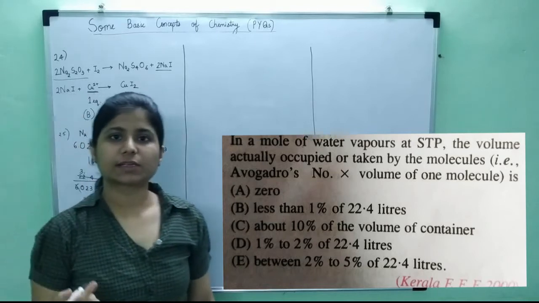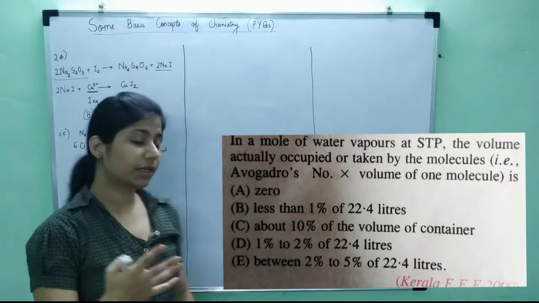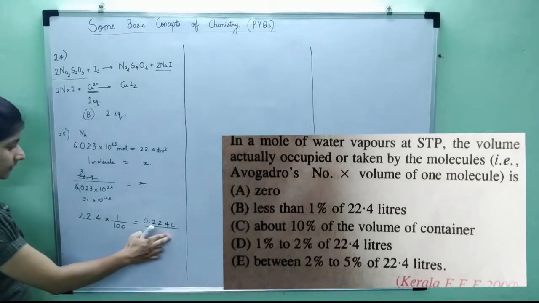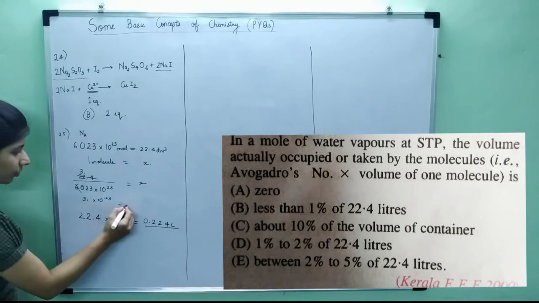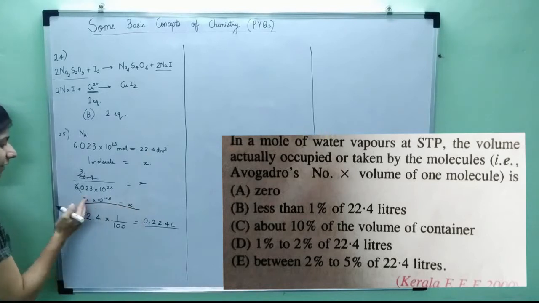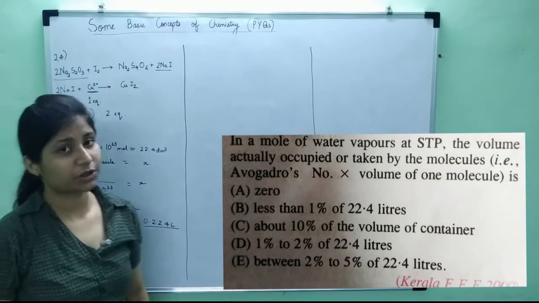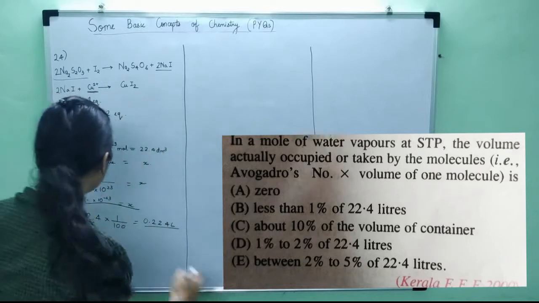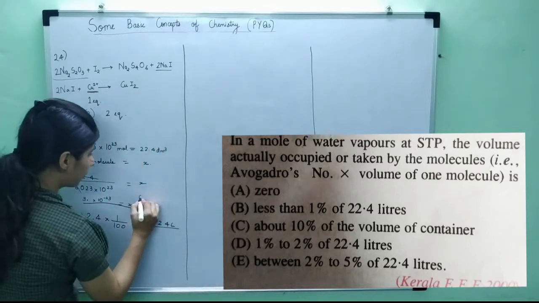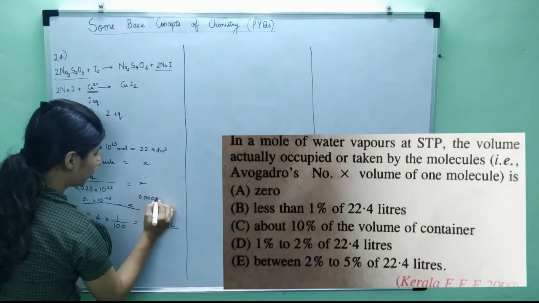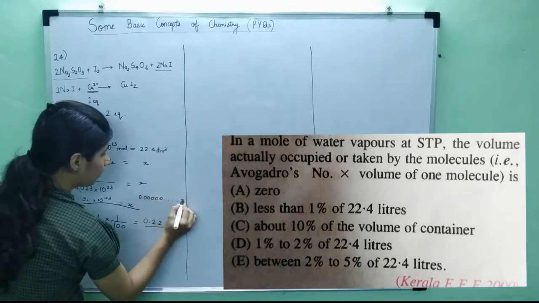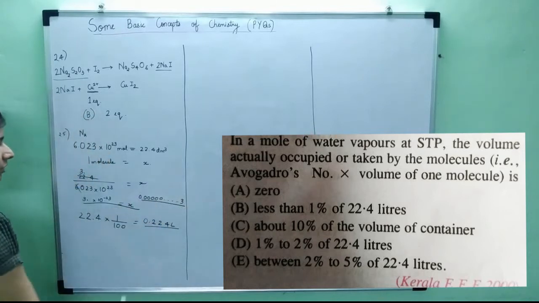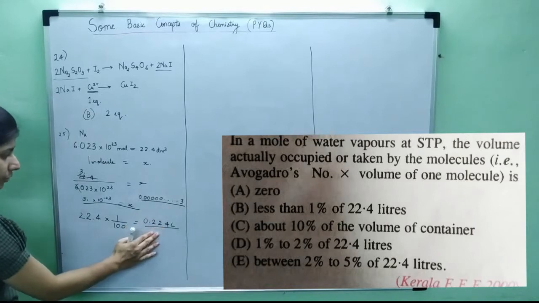But how much is one molecule actually occupying? Even less than that, 3 point something into 10 to the power minus 23. What does this mean? We have 23 zeros and then a 3. So this number is very small compared to 0.224 liter.